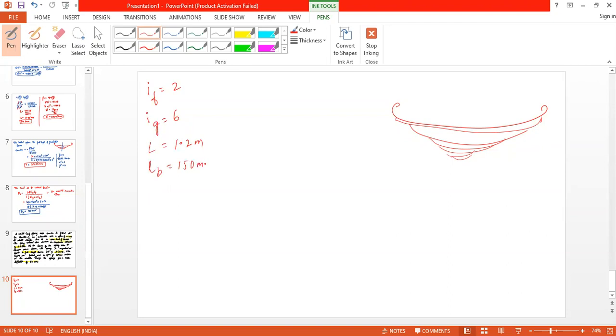So the effective length is L minus LB by 2, so (1200 minus 150) by 2, so it is 525 mm.